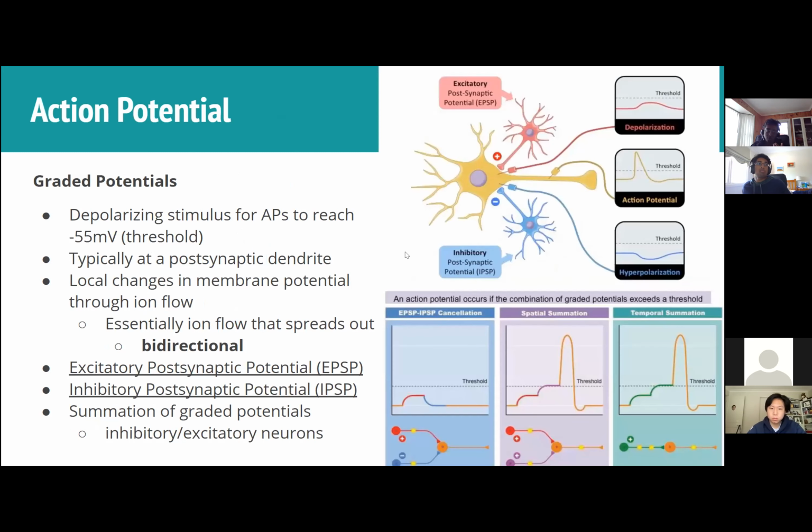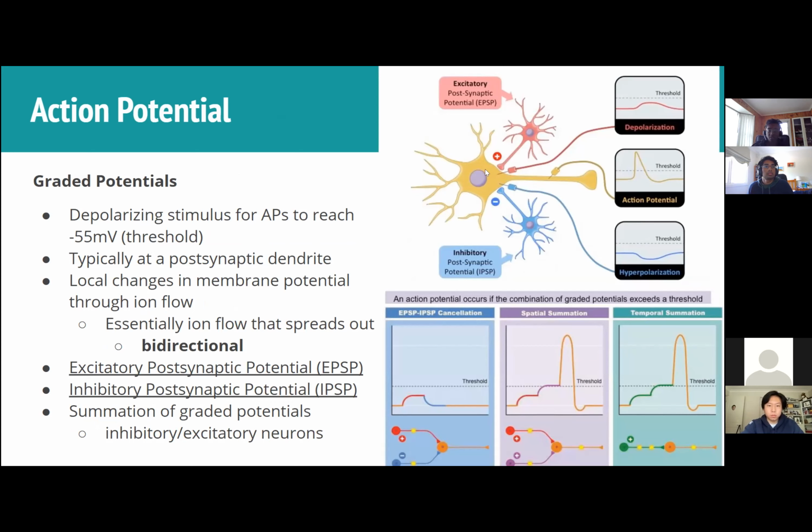So we talked about action potentials. Now there's another idea called a graded potential. A graded potential usually occurs at the postsynaptic dendrite, before the signal moves down the axon. This graded potential creates the depolarizing stimulus that begins the action potential phase.